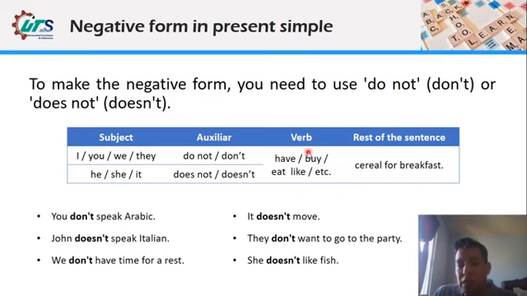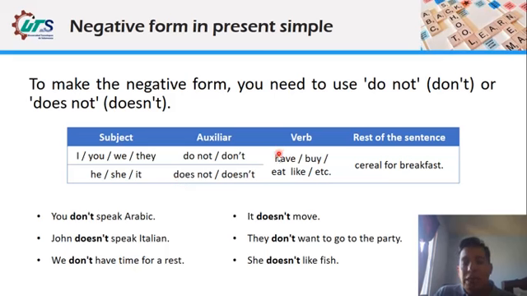If you see, in this case the verb remains in the infinitive. When you are talking in the negative form, you don't need to add the s at the end of the verb, because this applies to the auxiliary.